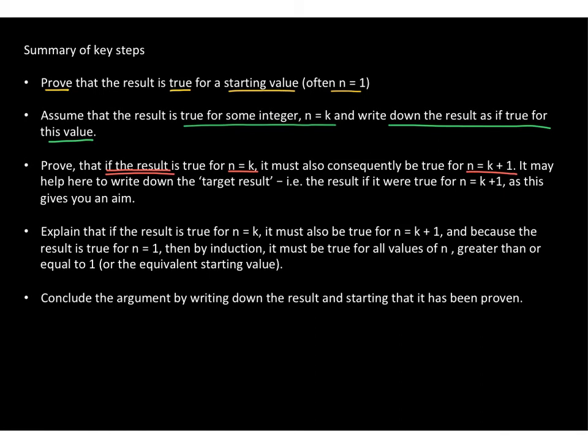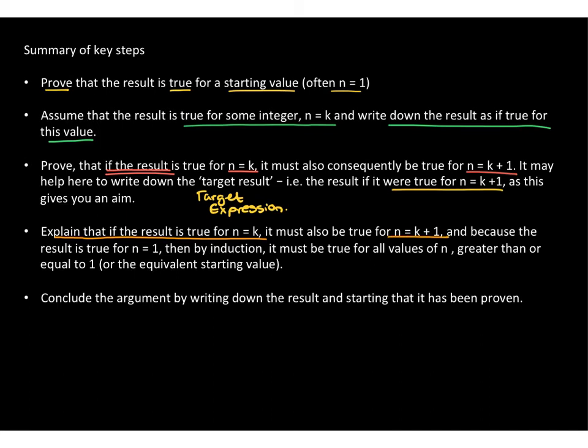Now, it may help here to write down the target result, which I did refer to as the target expression, same concept. So the result, if it were true for n equals k plus 1, gives you something to aim for with your algebra. Now, you must then explain that if the result is true for n equals k, it must also be true for n equals k plus 1.